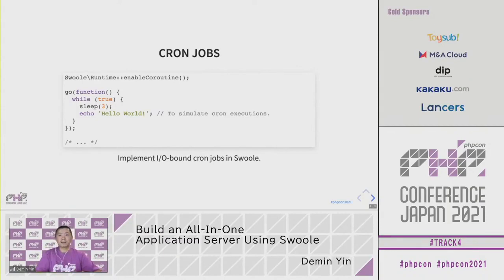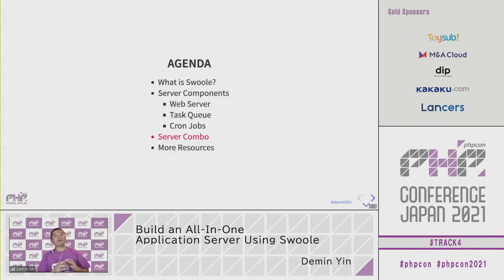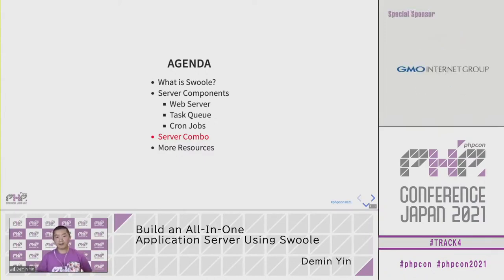Now we have discussed those 3 different components: the web server, task queue, and cron jobs. The next thing we're going to discuss is how to put them together to build an all-in-one application server.